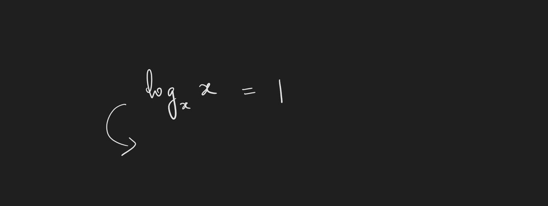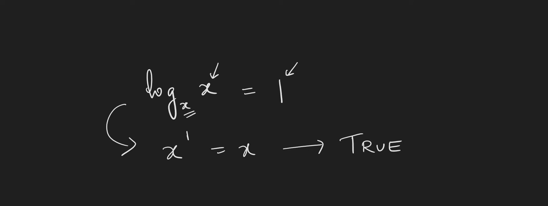And the way we can prove this is, if we change this to an exponential form, then the base x to the power 1 will be equal to this x, which we know is true. So x to the power 1 is always equal to x. So log x base x will always be equal to 1.